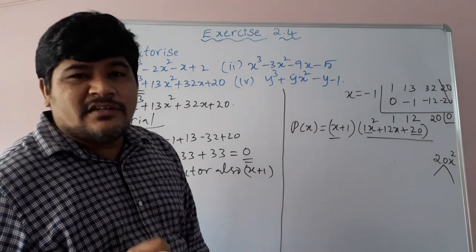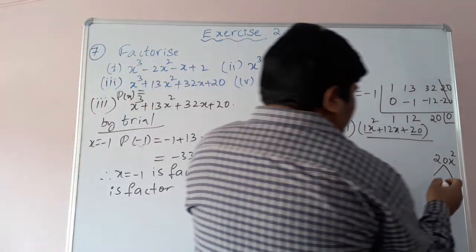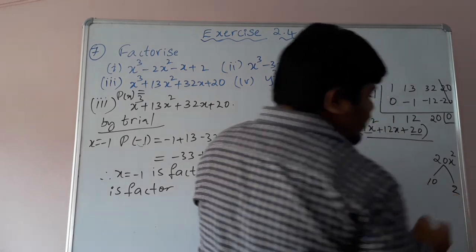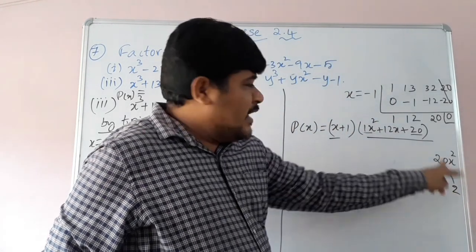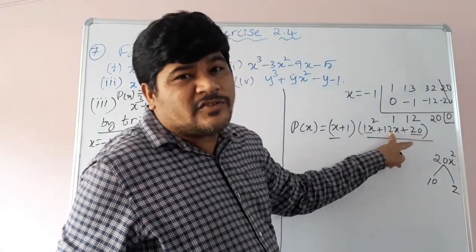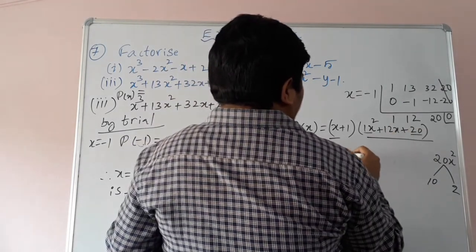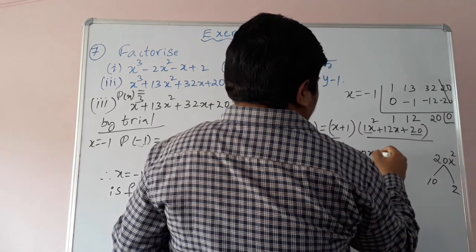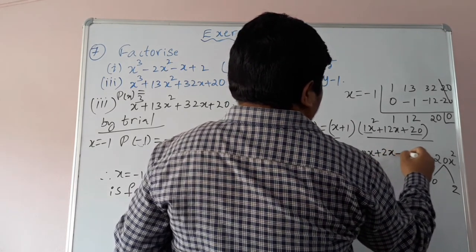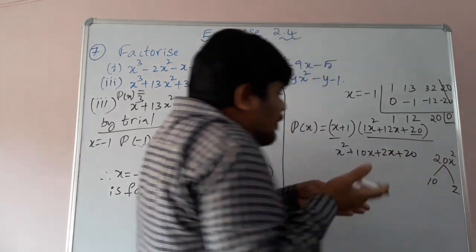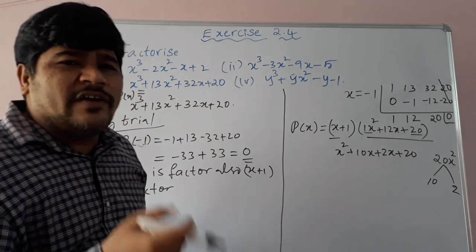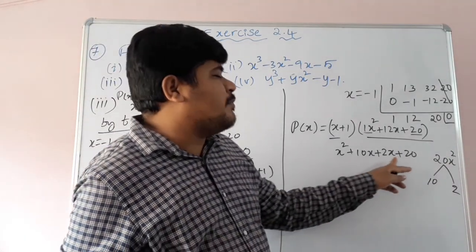You learned the factorization concept in 8th class, right? 10 twos are 20, and we can write 12x as 10x plus 2x. So this can be written as x square plus 10x plus 2x plus 20. I just split the middle term 12x into 10x plus 2x.